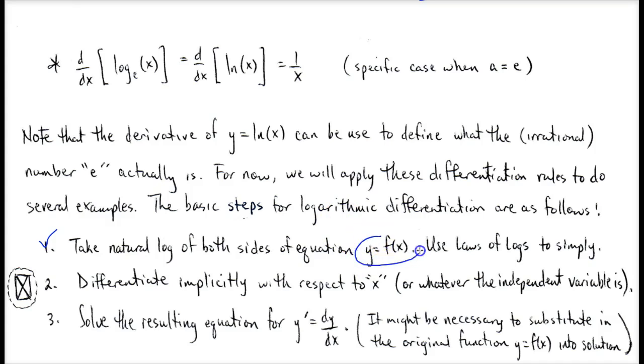I'm assuming here that this is a function, but the equation may not be representative of a function, but that's okay. As long as each term in the equation could be interpreted as a function, that's the requirement for us to be able to use implicit differentiation.